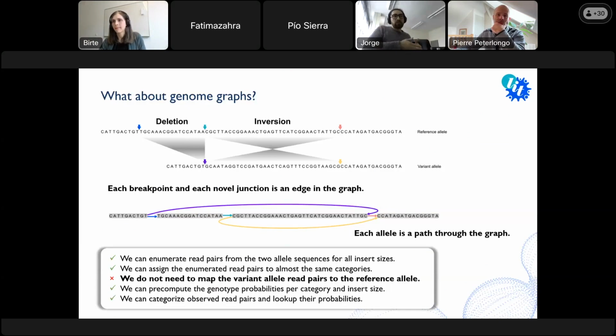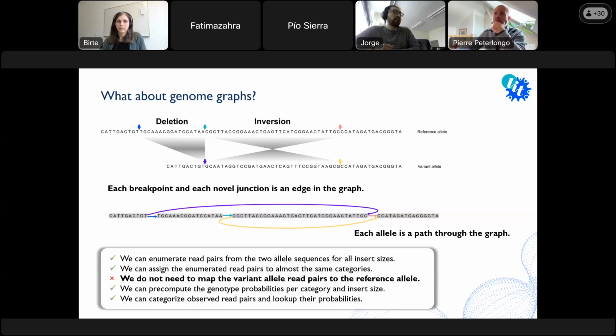So the question is, do you want to use the graph to discover them, or do you want to use the graph to show this? One thing is discovering the graph; the other is, given that you already identified these breakpoints and nodal junctions, you would like to create a graph that shows you what you have there.